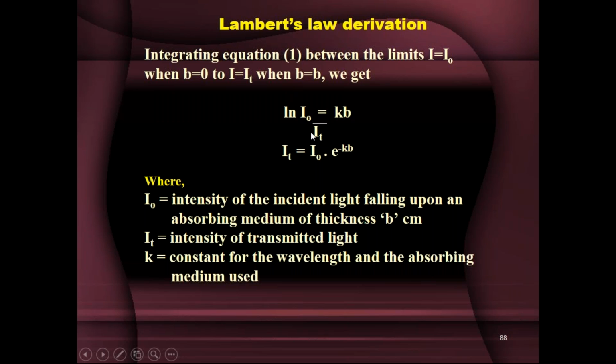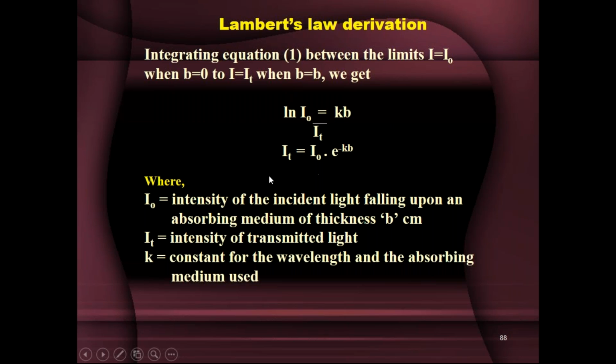So this IT in the denominator, if you take it on the other side, you will take it as ln of IT equals ln of I0 minus kb. kb you take on the left side. So ln of IT equals ln of I0 minus kb.